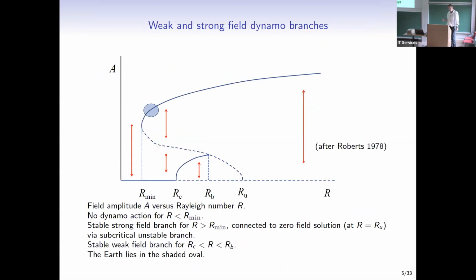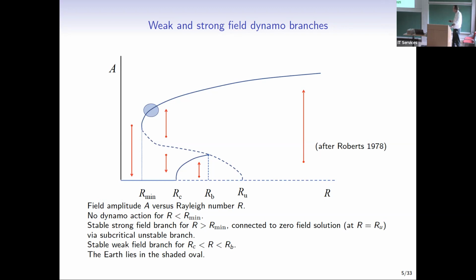And this is a diagram we have seen many times already. It's in a book which is very hard to come by, or at least I find it very hard to come by, in an article by Paul Roberts. We've seen this a few times, the weak field and the strong field branch. And of course, you can find it again in Keith and Emmanuel's book as well.